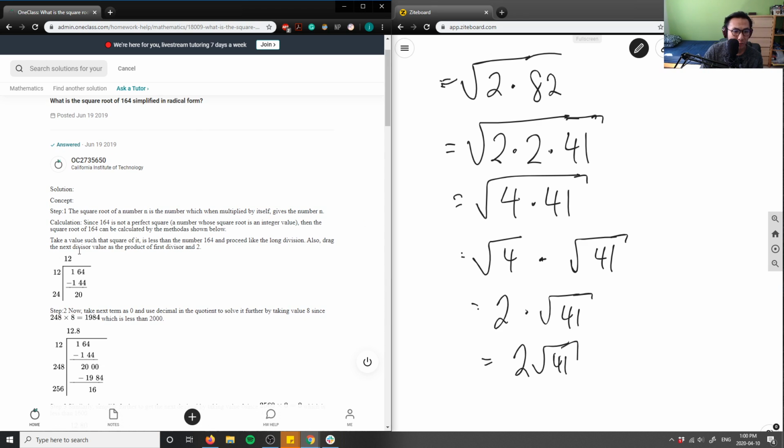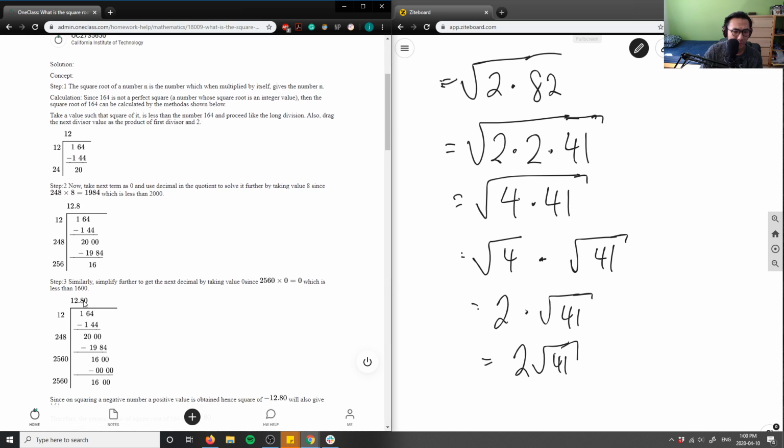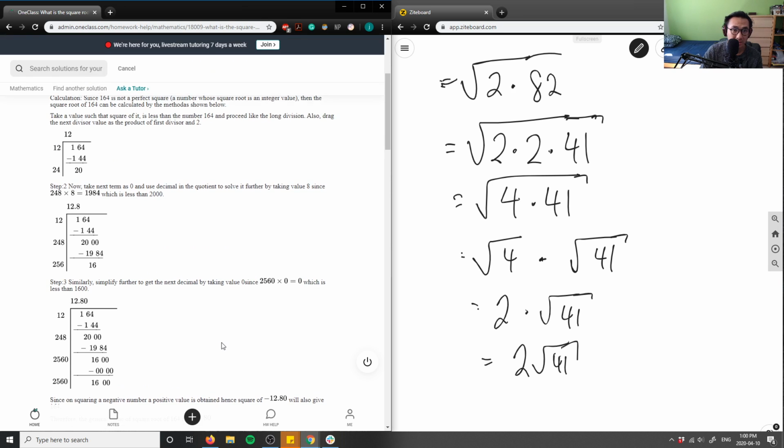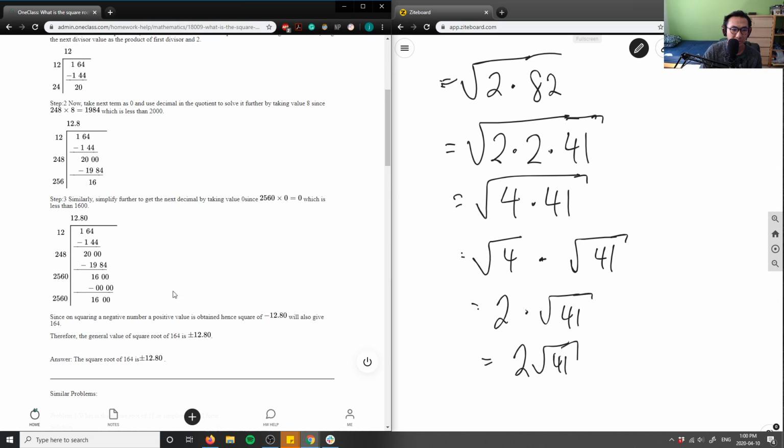So they did a really long concept of, again, synthetic division or long division. And let's see, they have 12.80 here. So the general value of square root of 164 is 12.80. Again, when we talk about simplified radical form, this is not simplified radical form.